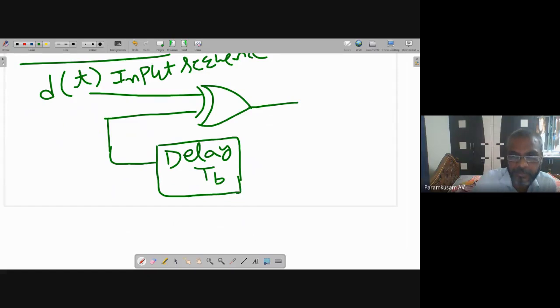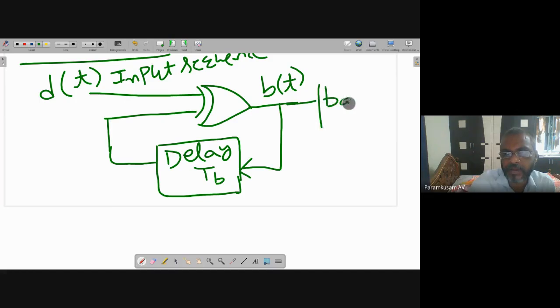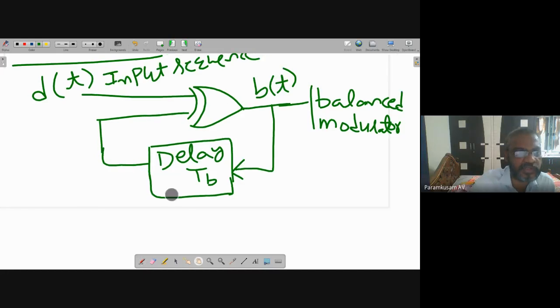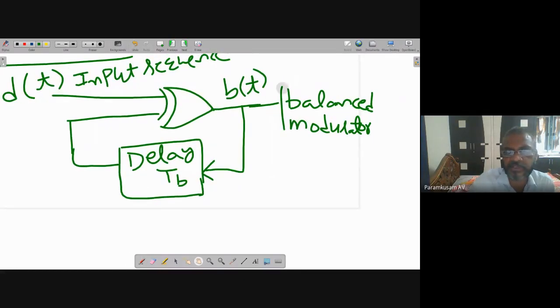B of t. Balanced modulator. We have discussed about balanced modulator in analog communication subject.